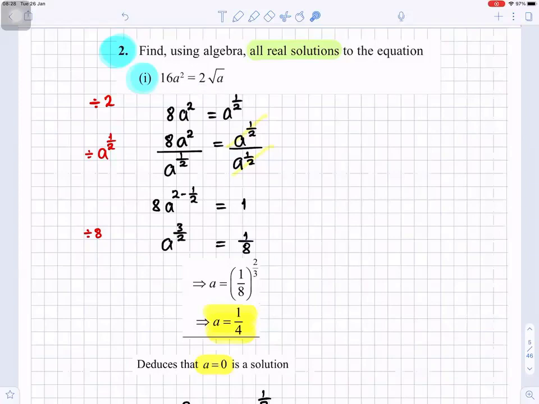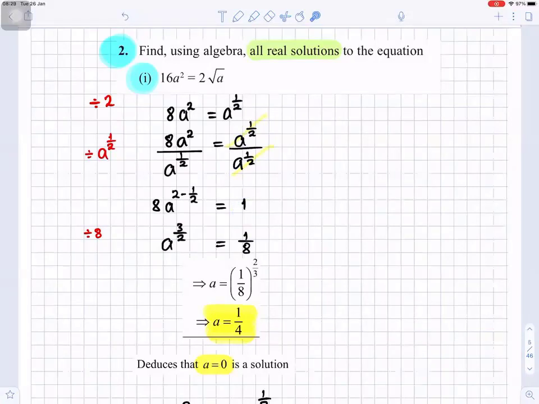Now, after that, we divide by a to the power half. So 8a squared divided by a to the half equals a to the half divided by a to the half. A to the half would cancel, and that will give you 1.